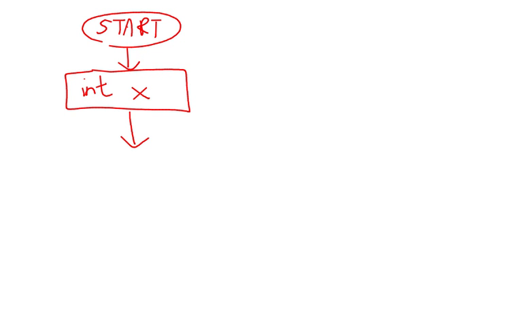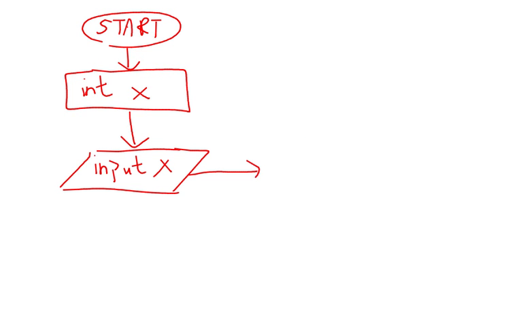So start, we defined int x, we input a value x, ask for that value, and then what did we do? We first checked, is x modulus 2 equal to 0?